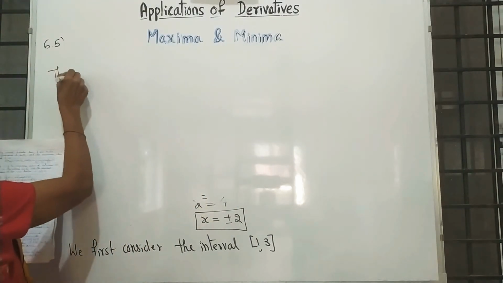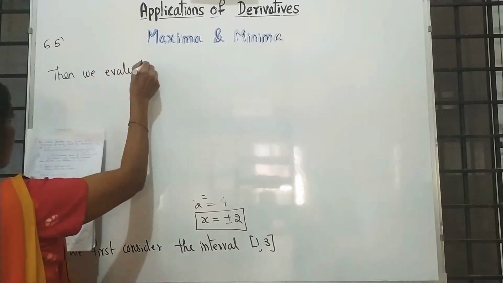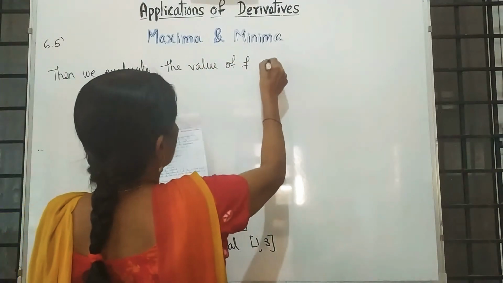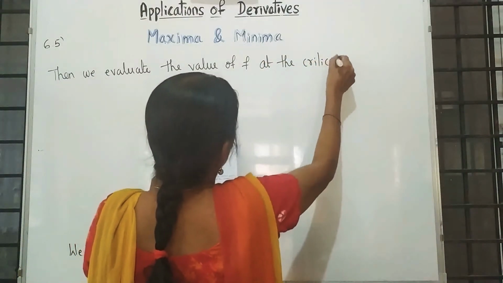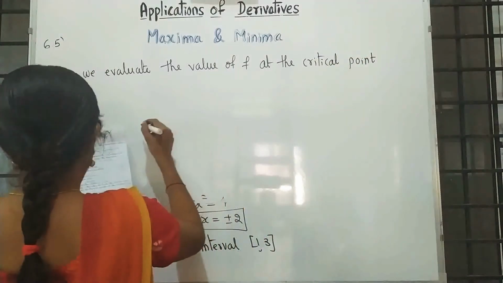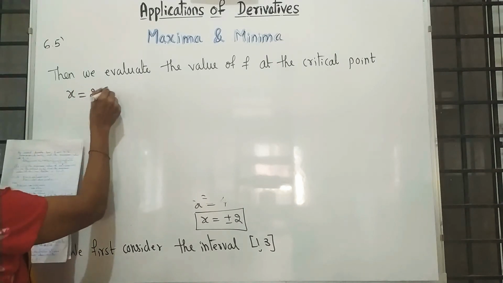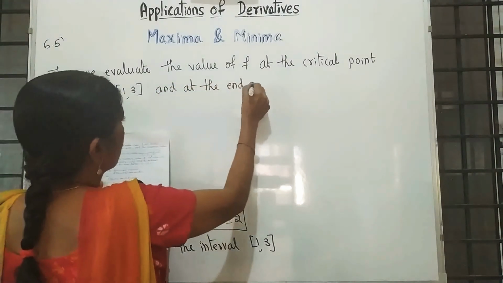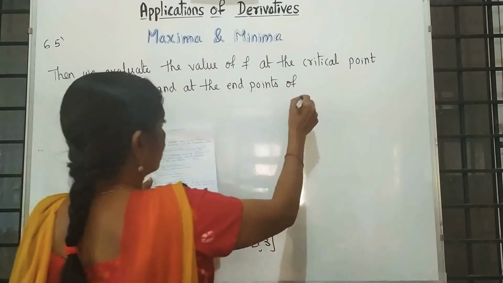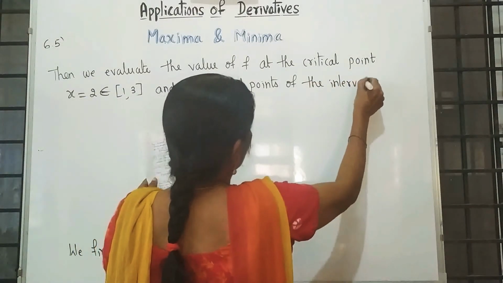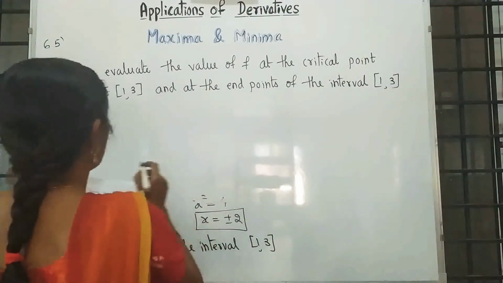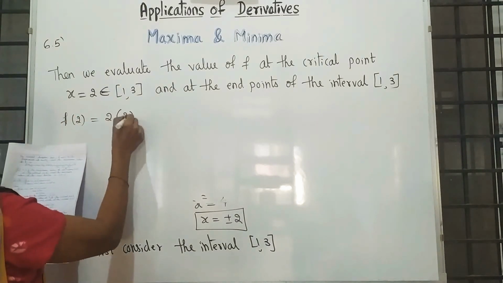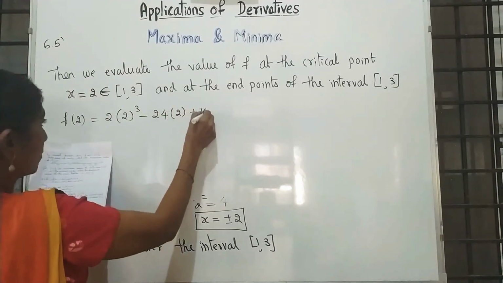Then, at 3 points we have to check. First I am writing f of 2. 2 into 2 cube minus 24 into 2 plus 107.